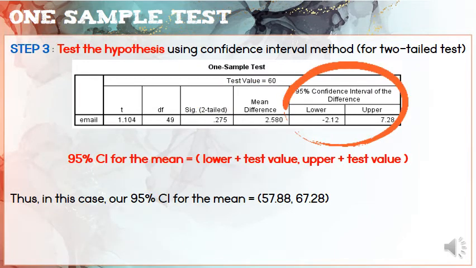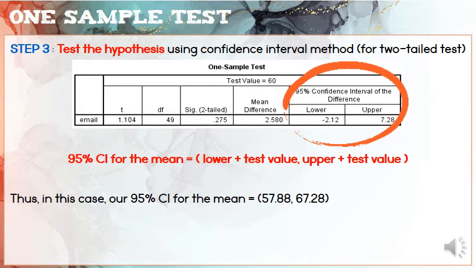Okay, now if the question asks you to test the hypothesis using confidence interval method, this one can only be done for 2-tail tests.